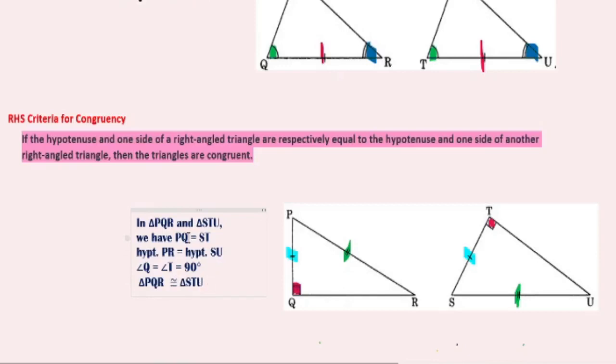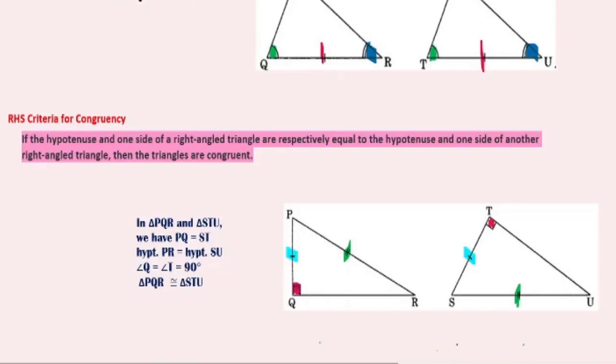So this is the RHS criteria for congruence of triangles. I repeat the statement: if the hypotenuse and one side of a right angle triangle are respectively equal to the hypotenuse and one side of another right angle triangle, then the triangles are congruent. So these are the congruence conditions we are studying in class 7 mathematics.